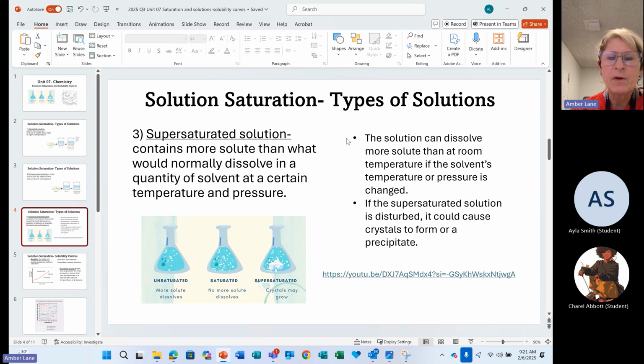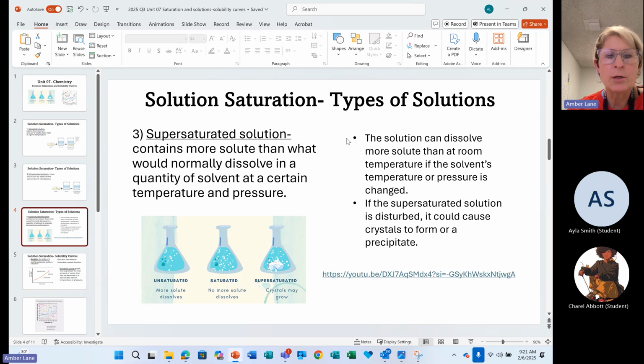If you were to take a crystal and add it to that supersaturated solution, it would cause the extra solute to precipitate out, to make all of these crystals. A lot of times they say it will precipitate out, but it won't unless it's agitated or changed, or a crystal is added to it. It's really kind of cool. So I'm going to show you a very short video on what a supersaturated solution is going to look like. Okay.